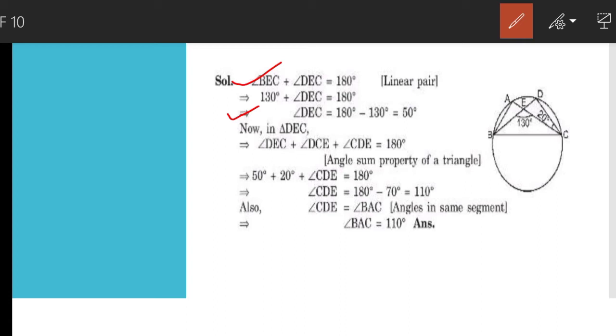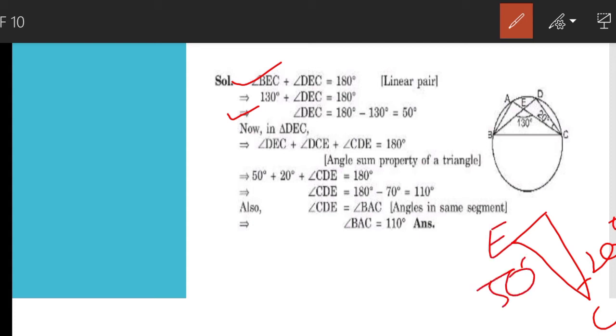Now in this triangle DEC, we have angle C as 20 degrees, angle E as 50 degrees, that we just now found out, and angle D we need to find. We can easily find this angle D by the angle sum property of the triangle.